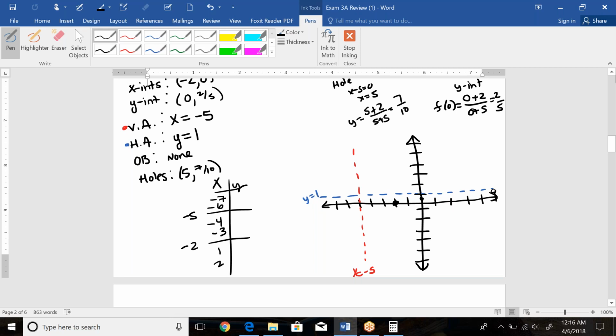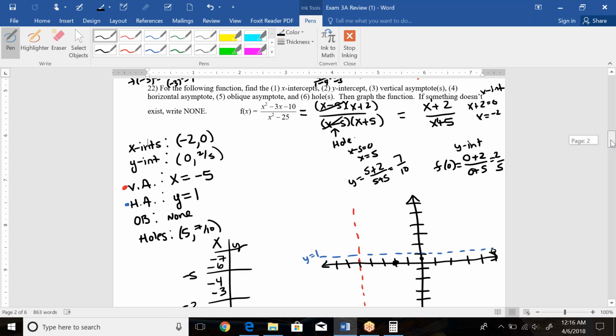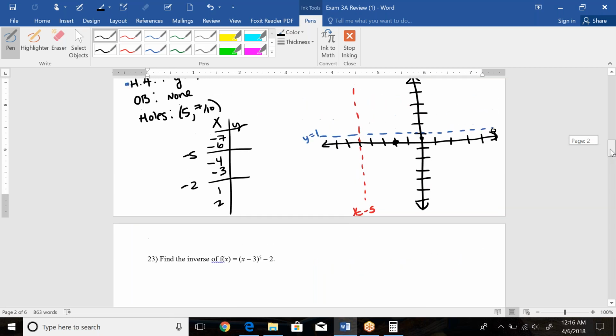So we're going to use the reduced version, since it's quicker to plug into, of x plus 2 over x plus 5. So -7 plus 2 over -7 plus 5.